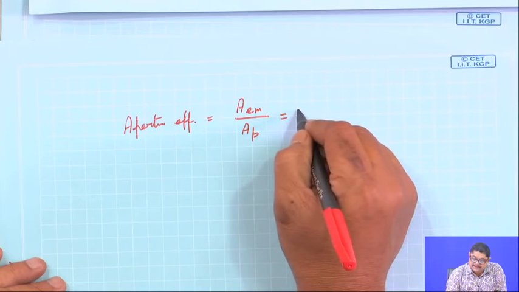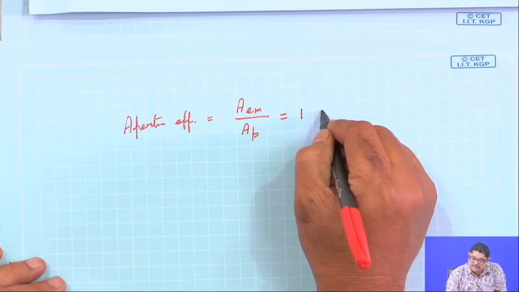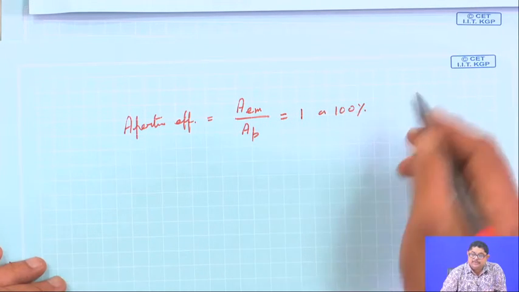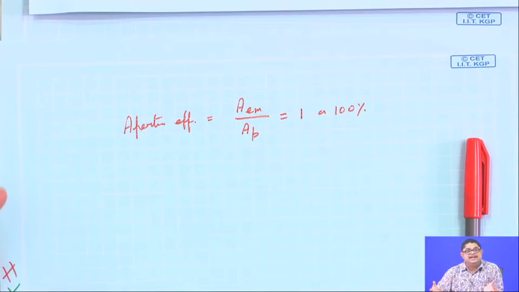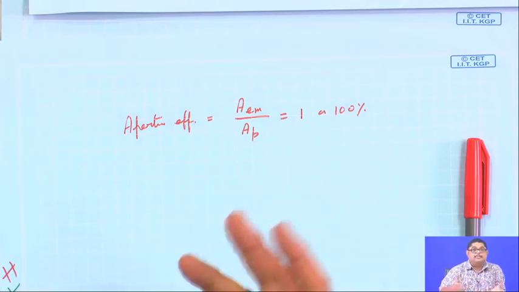In this case, it is 1 or 100%. So, you see that the physical area and the maximum effective or electrical area are the same. Why? Because this happens for uniform illumination. We will see other examples. If I do not illuminate the aperture uniformly, I won't get this.